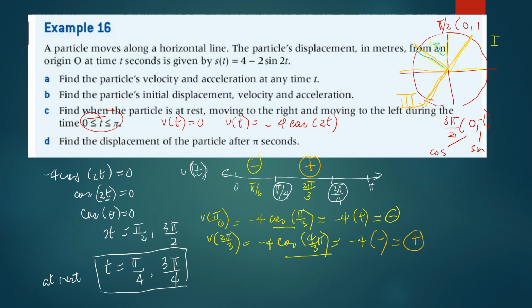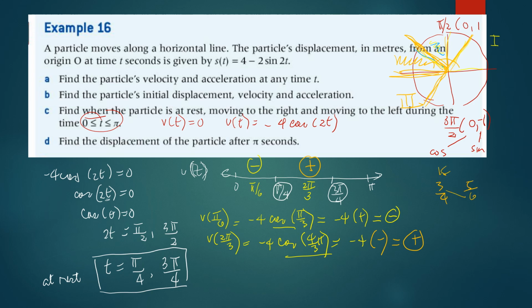Okay, so we look for a test point between 3/4 and pi. This is 3/4, 1/4, 2/4, 3/4, and pi. So it must be somewhere here. Okay, so I think we can use 5 pi over 6. So let's check. It must be greater than 3/4 but less than pi. So 3/4, and let's say we use 5/6 pi.